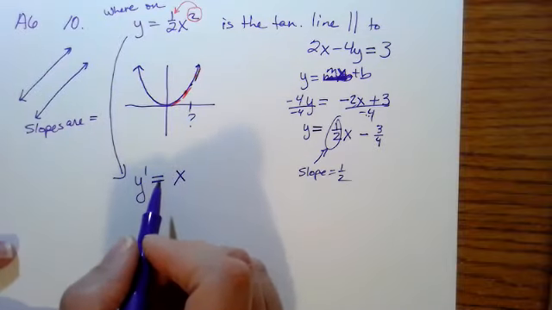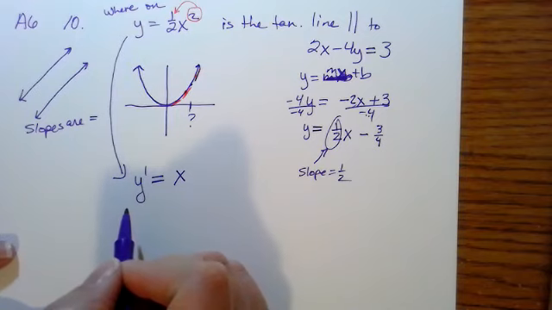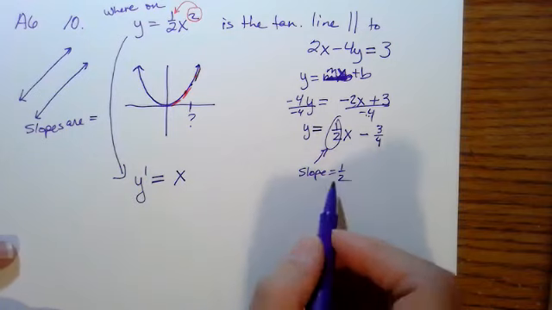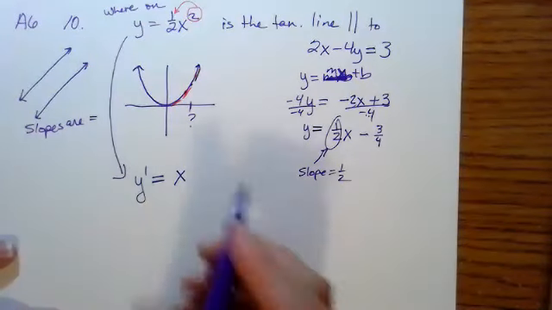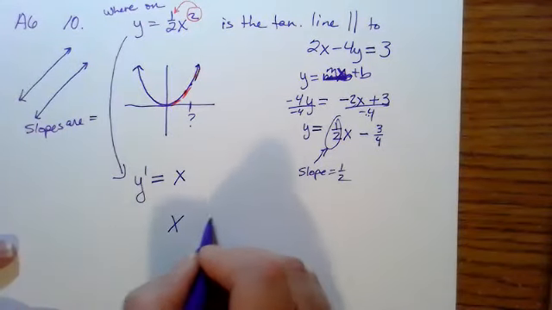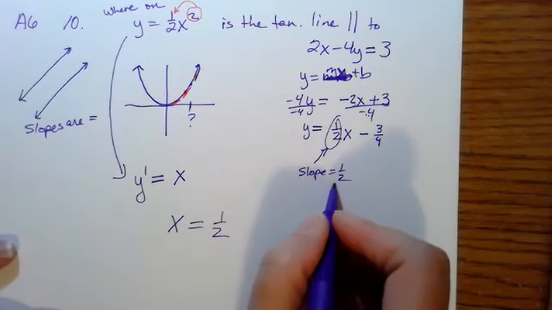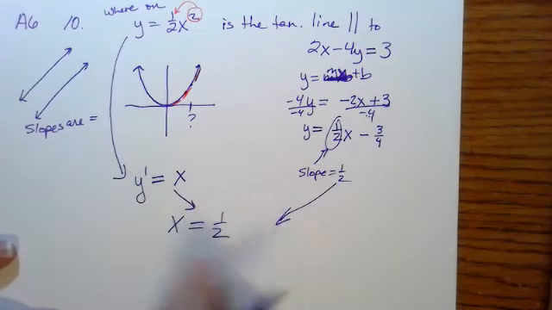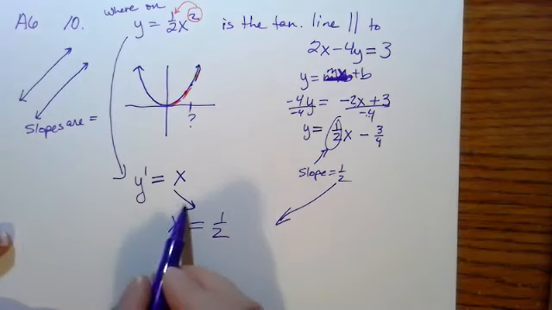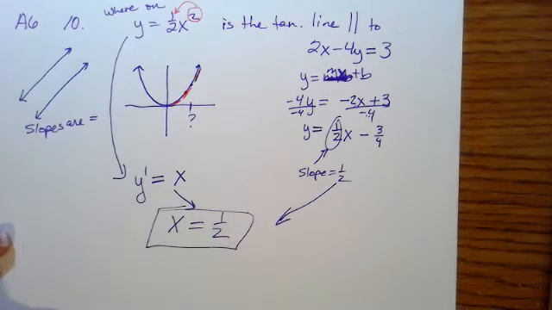What do we want our slope to equal? 1/2. Ooh, that was stereo. Good job. So if our derivative is x, essentially, equal to 1/2, I'm setting the derivative equal to the slope of that separate line. There's not a lot of interest there to solve that, but that would be your answer.